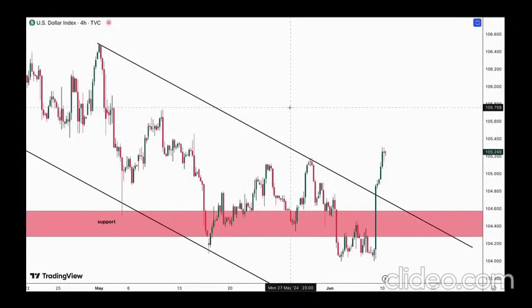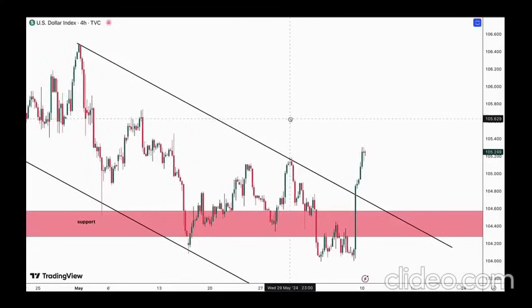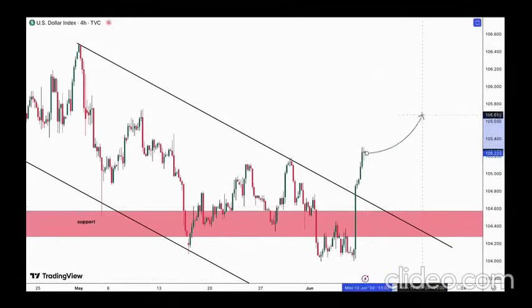So my suggestion here is to wait for the retracement. I don't think this DXY will just move upward. No, I think it will make a little test on the trend line, like this.